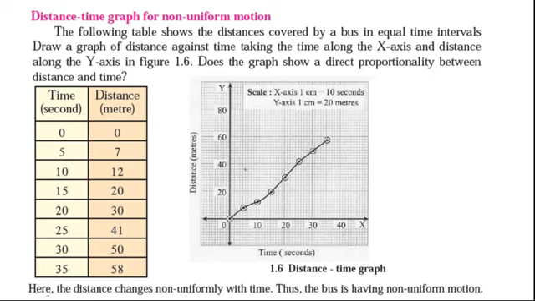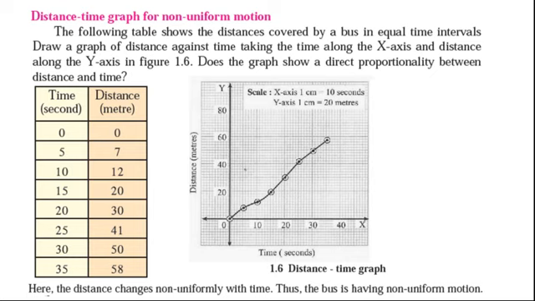Simple. Now we will see a comparison of uniform and non-uniform motion on the distance-time graph. Here the line is not straight. This means that the object is in non-uniform motion, and the previous object is in uniform motion.